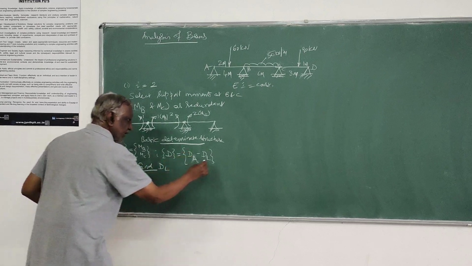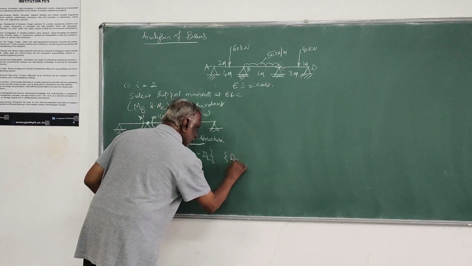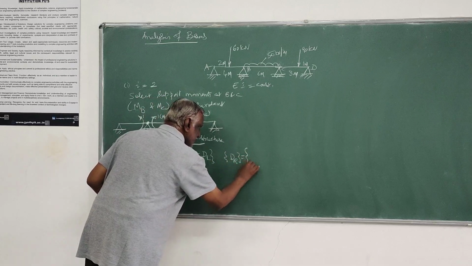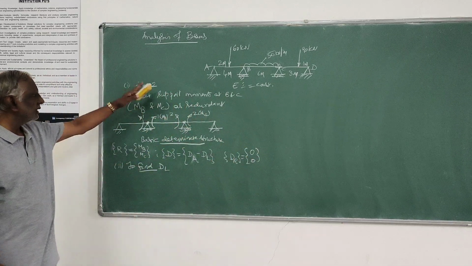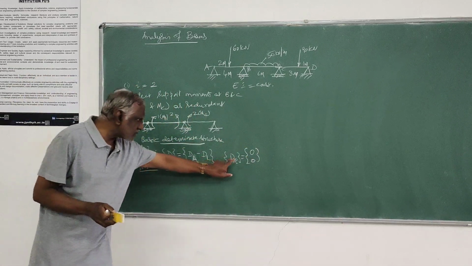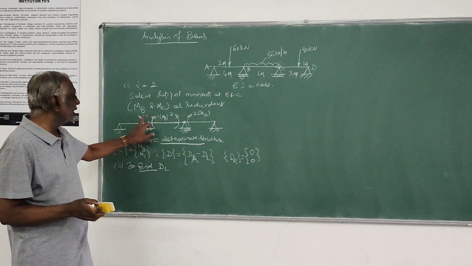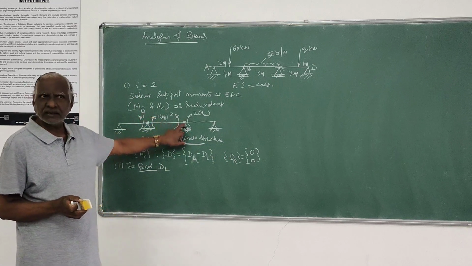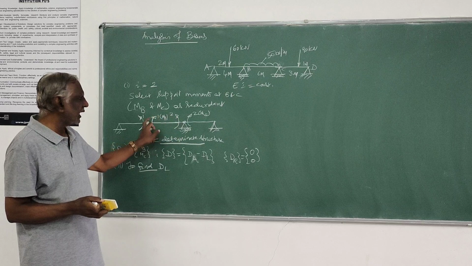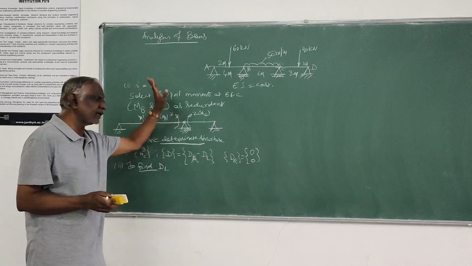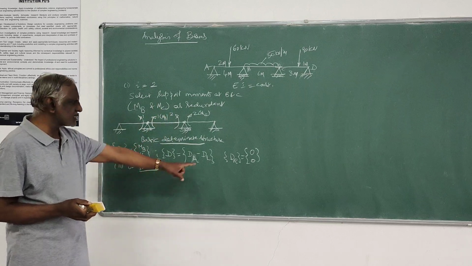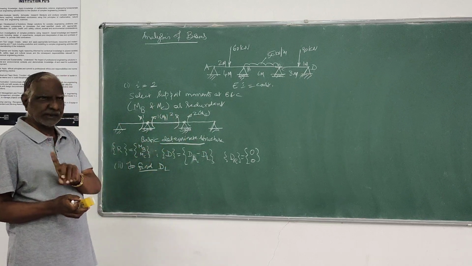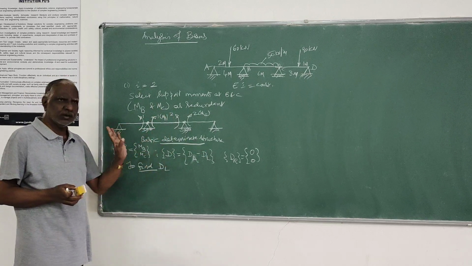In this case, DR, the support settlement, is 0, because nothing is given. If the support settlement had been given, then don't select the moments as the redundant. You have to select the unknown reaction at the support where the settlement has occurred. That's a very important property which you have to remember.